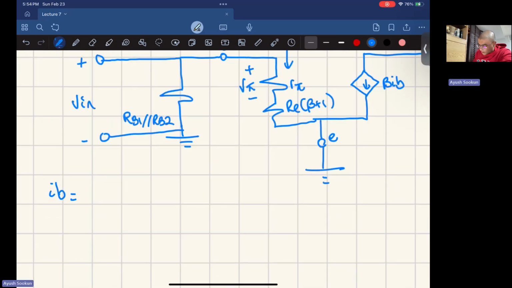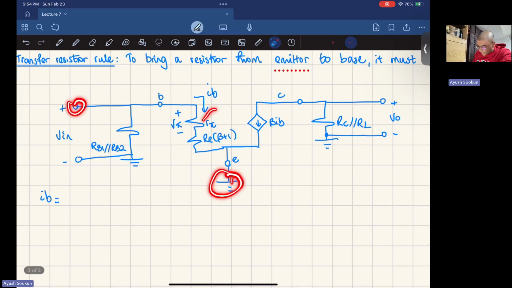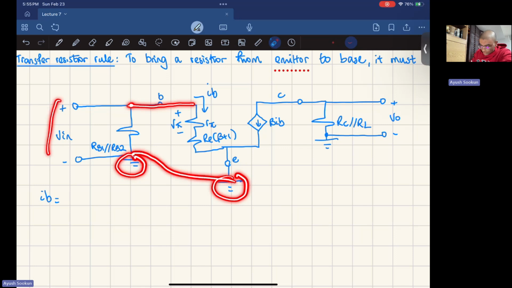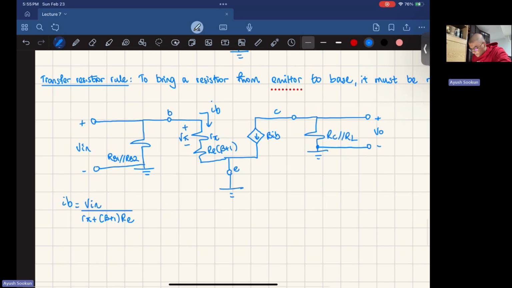Using Ohm's law, IB would just be Vn minus 0 over the sum of these resistances right here, because this voltage is between the base and the ground. It's like these two points are connected, so this voltage is the same across these two resistances. So IB would be Vn over R pi plus (beta plus 1) times Re. So that's my first equation.